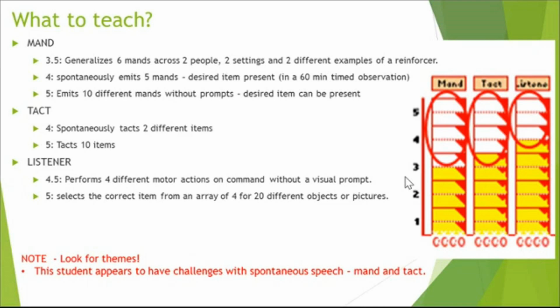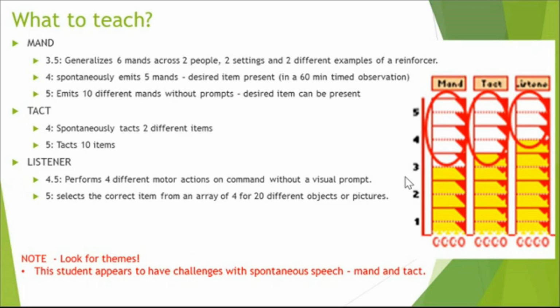Sundberg recommended not continuing beyond the child's chronological age in any repertoire. So if you've got a 1-year-old who's sitting within level 1, maybe he's 13 months old, we don't want to be teaching level 3 or even level 2 skills to that child.